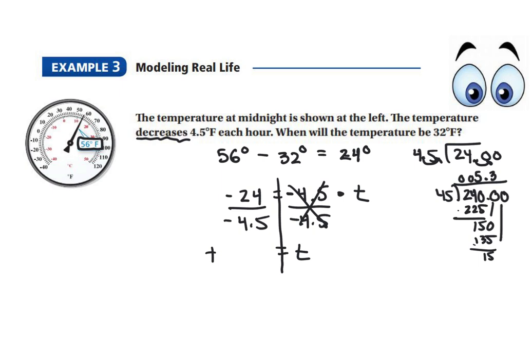Subtract and bring down, and you can see a pattern here now. So we get 5.3 repeating, or you could say 5 1/3.